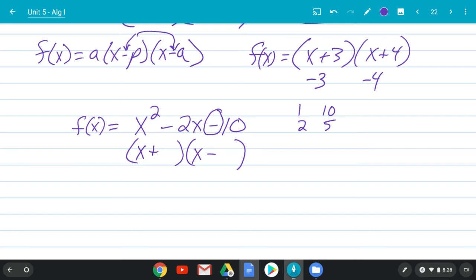Which set of these factors do I subtract to get 2? And everybody said none of them, right? I can't subtract any of these to get a 2, can I? That means this is not factorable.